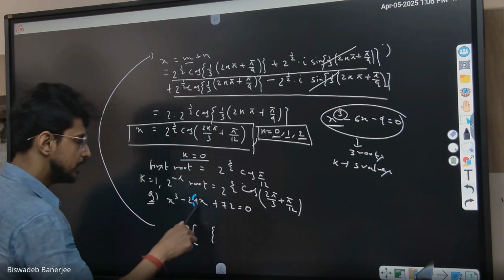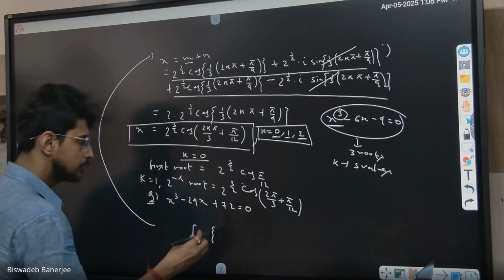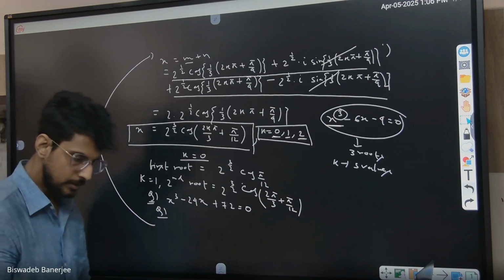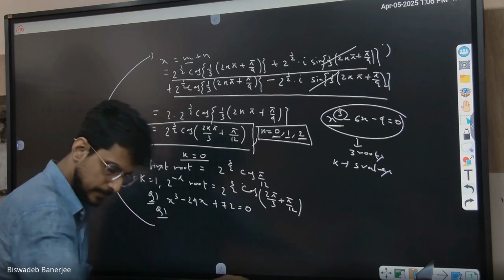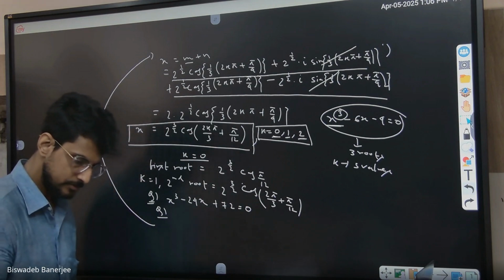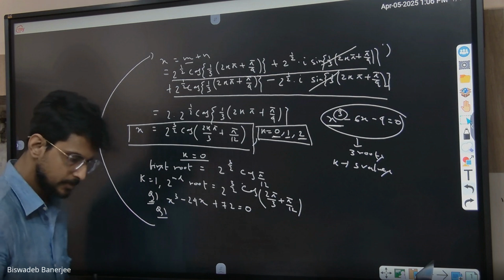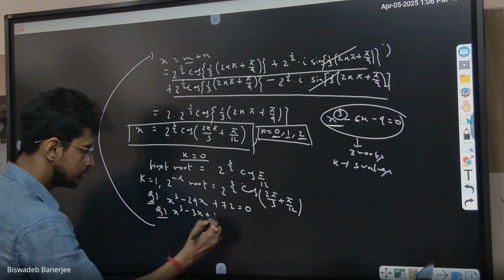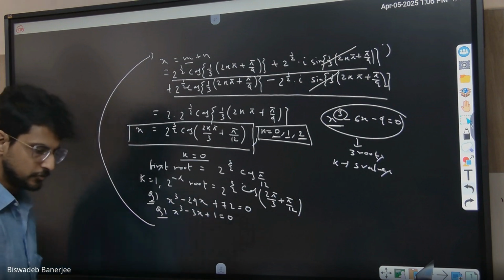The second question: x cube minus 3x plus 1.